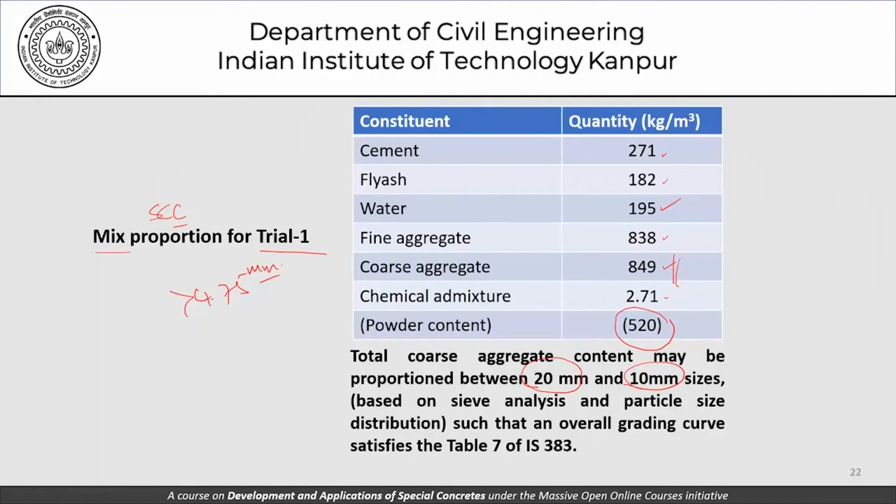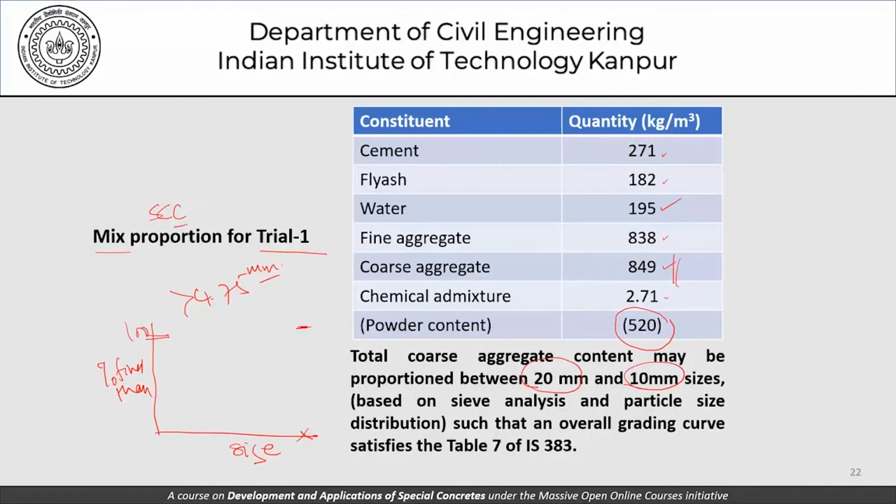IS 383. So what these tables tell you really as far as the grading curve is concerned, that if we have the size of aggregates here and let's say percentage finer than somewhere here, how will it look like? Finally, there will be a size here which will correspond to a value where 100% is finer than this value.